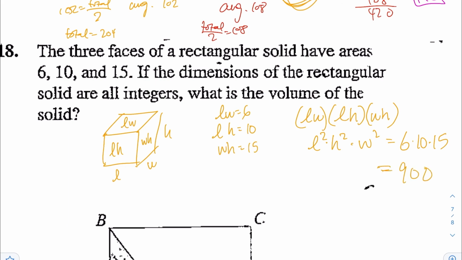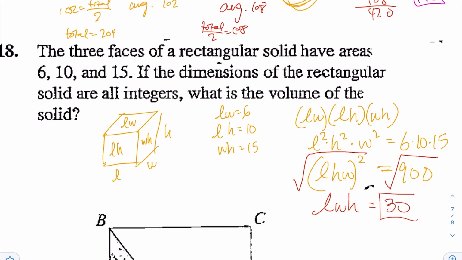And that's equal to L squared times H squared times W squared, or LHW all squared. If you do the square root on both sides, they'll cancel out the power of 2, and you just get LWH is equal to the square root of 900, or just 30. And that happens to be the formula for the volume. So the volume here is 30.